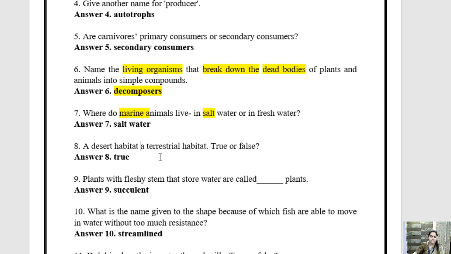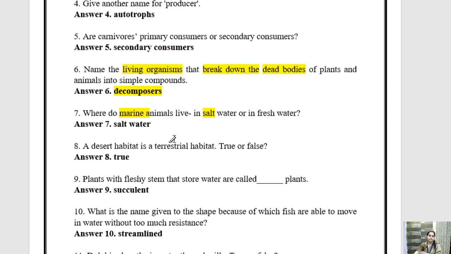True or false? It is true. Okay, because we are talking about land area when we say desert, and terrestrial is also a land habitat. So desert is a land habitat or terrestrial habitat. So the answer is true.